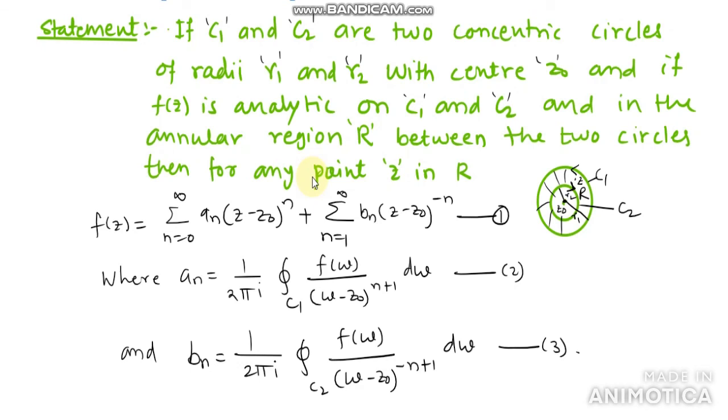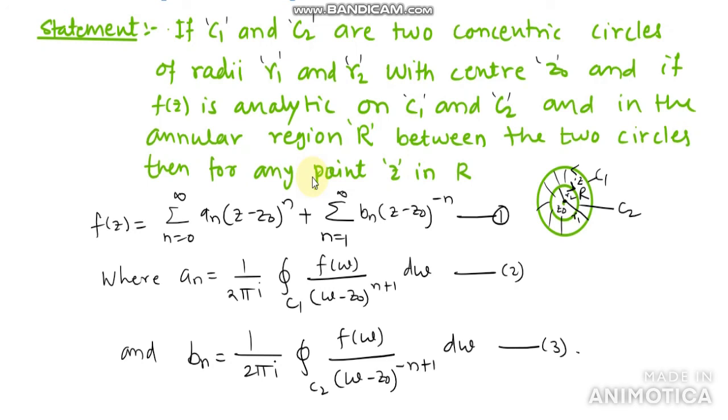So f of z is expanded by using Laurent series as summation n equal to 0 to infinity an into (z minus z naught) raised to n plus summation n equal to 1 to infinity bn into (z minus z naught) raised to minus n.